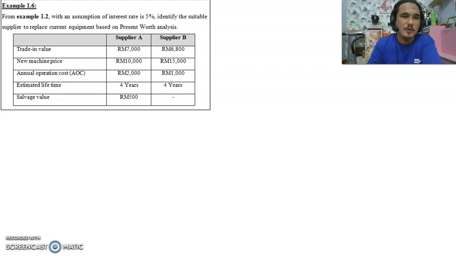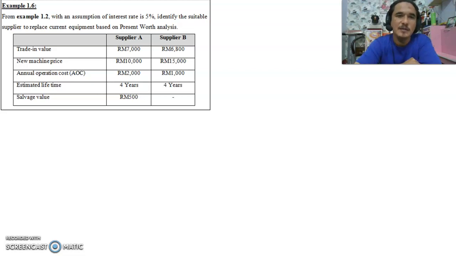So now we will review the engineering economic approach in chapter 1 of operation research, the previous example. Based on example 1.2, we have a machine but want to replace it with a new one.